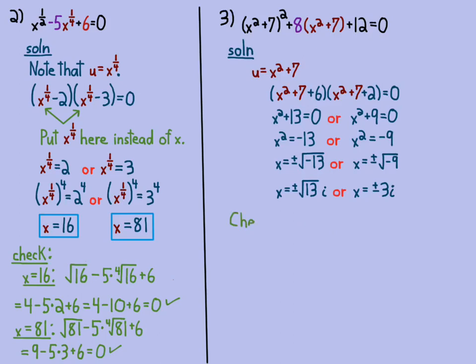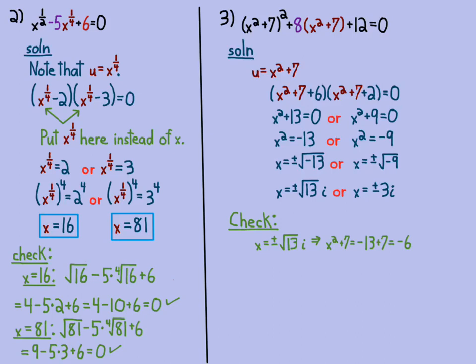Okay. Now I'm going to check my answers. If it was like 5 plus or minus square root of 13i, I might not want to check it unless the 5 canceled out easily. But these are pretty easy to check because you're just squaring this kind of stuff.